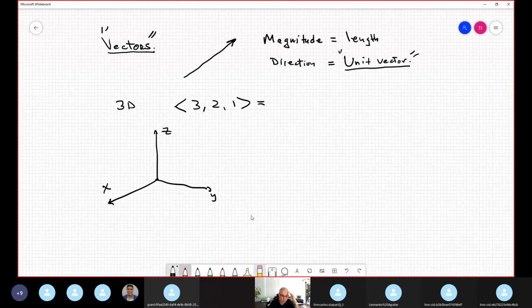Suppose we have a small vector, super small, in the same direction as x. The components of this vector in this notation are 1, 0, 0. And this vector, everyone in the world knows as I.